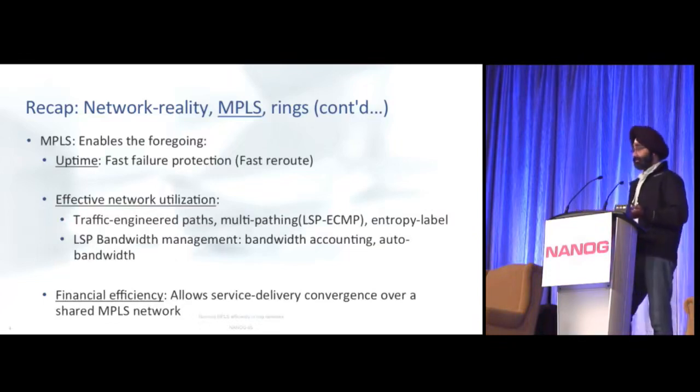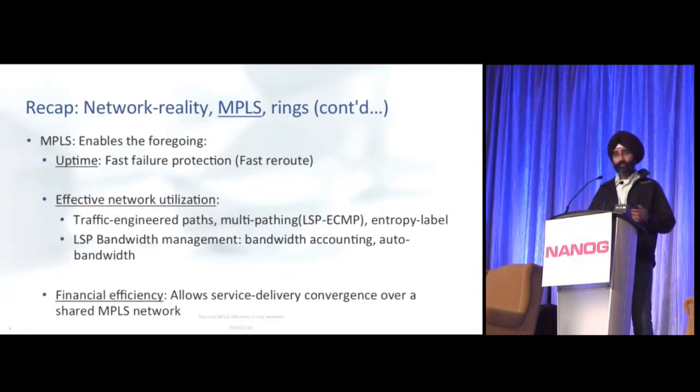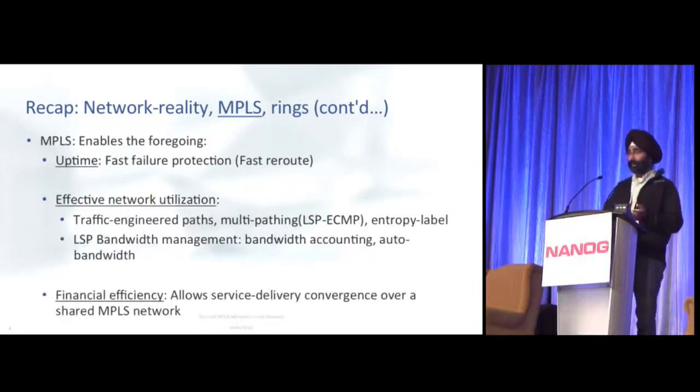And in addition, MPLS enables carving out paths with specific bandwidth constraints through your network. And also, the LSPs that are set up in your network, you can resize them by using features like auto bandwidth, which react to how much traffic is actually going over the LSP, and in keeping with that, readjust the amount of bandwidth that's allocated for that LSP through your network.